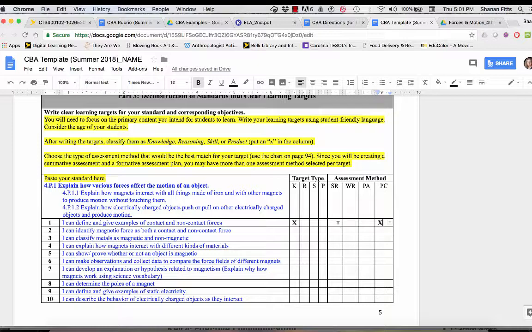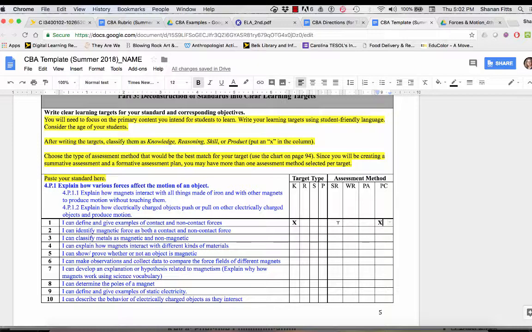And then for this unit, I want to use inquiry explorations where the students collect data and write predictions and conclusions in science notebooks, and that will be my primary formative assessment method.